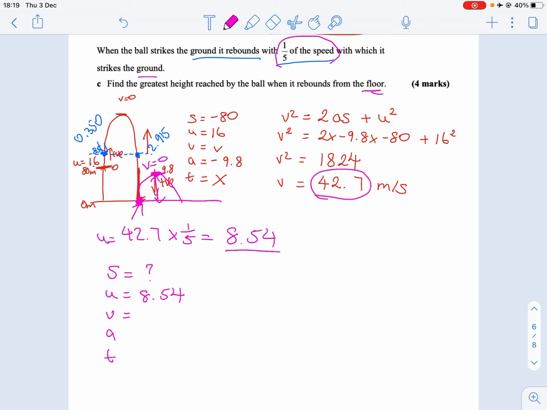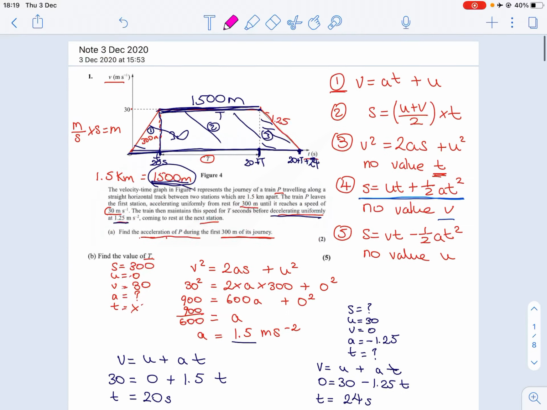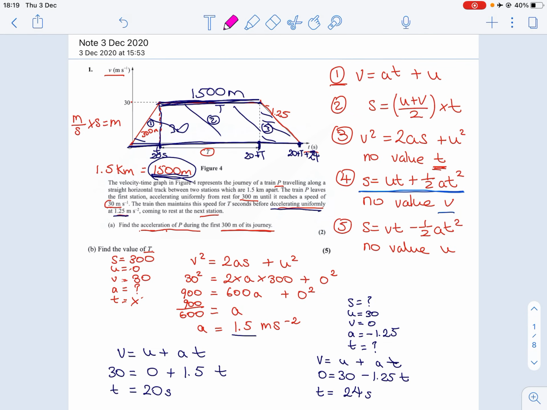The final velocity, which is at the top, we know is 0. And again, acceleration is gravity, which is minus 9.8. Then t, we're not given this information. So again, looking back at our 5 formulas we read at the start of the test, we're going to use the one with no t, which is this one here.